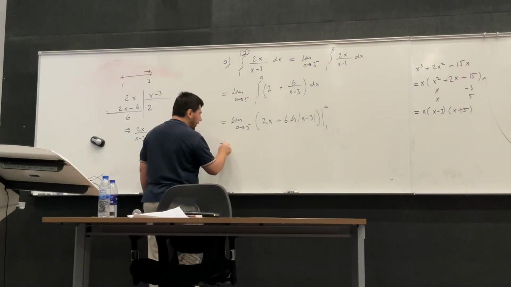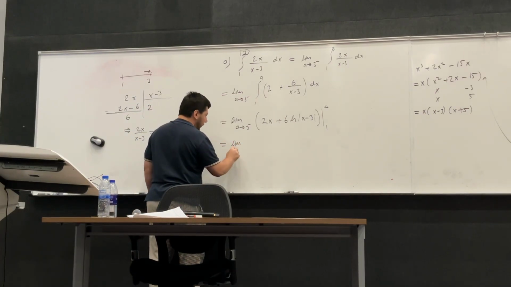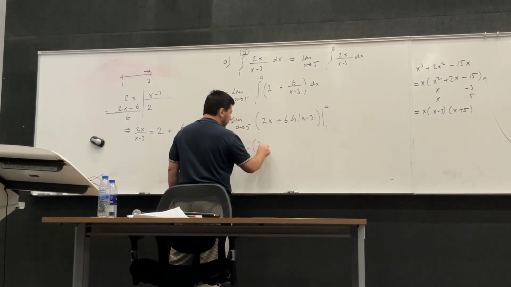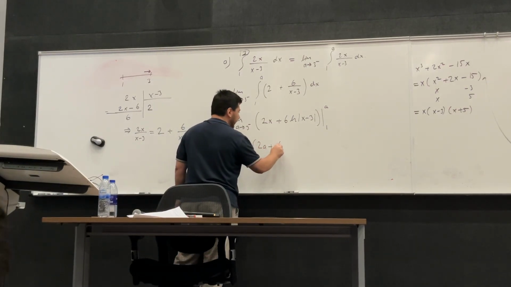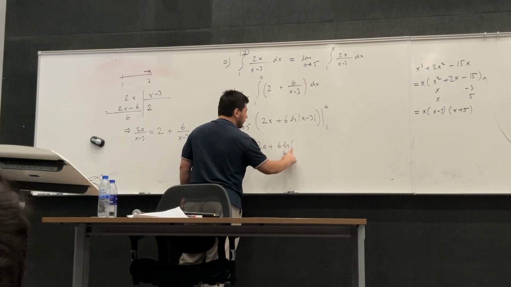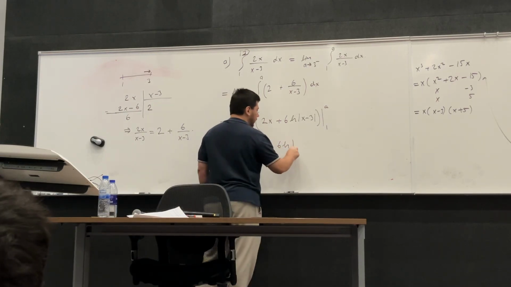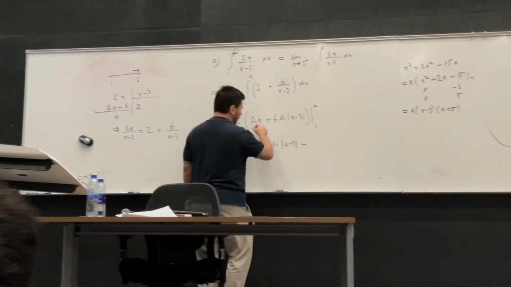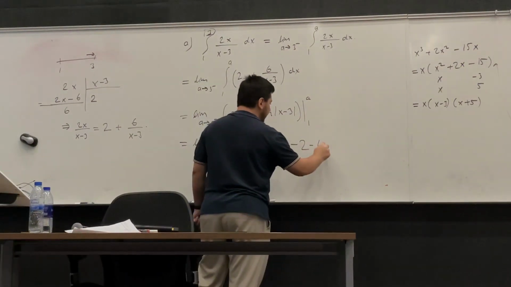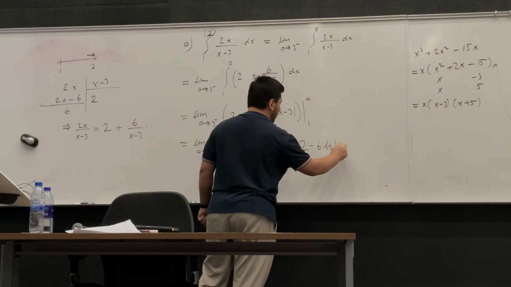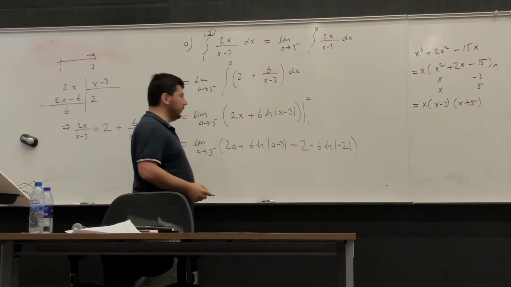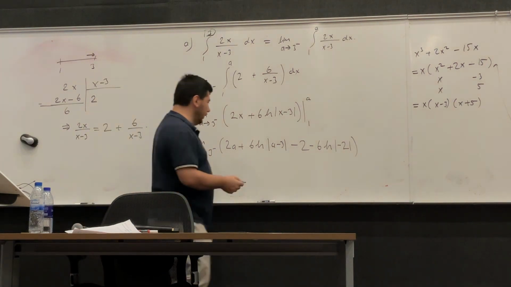Now let's plug in the numbers. This is 2a plus 6 times ln of the absolute value of a minus 3, minus 2 minus 6 times ln of the absolute value of minus 2. Am I right? Yes. Very good.